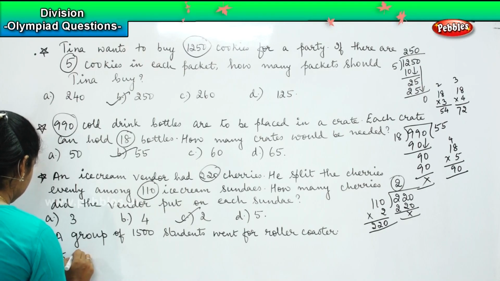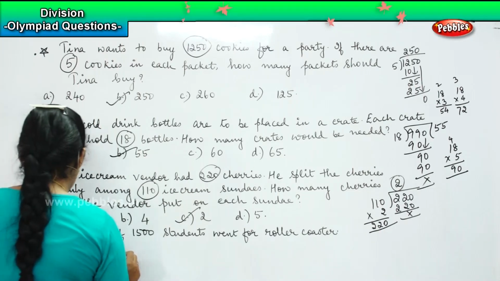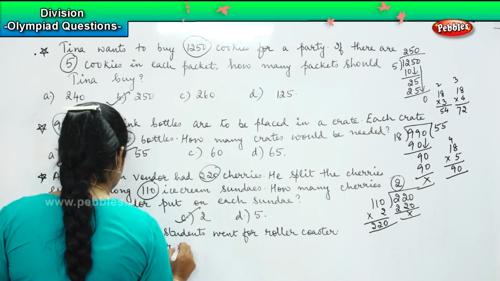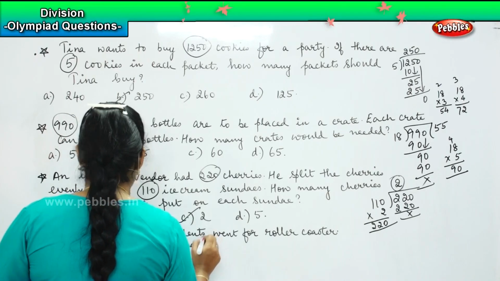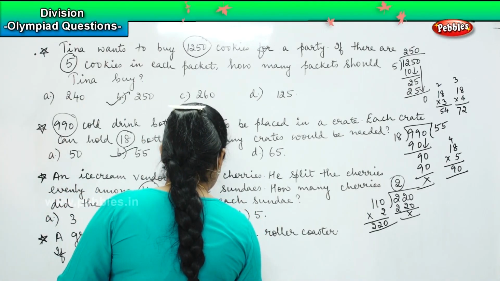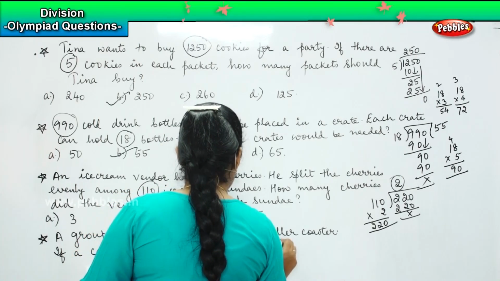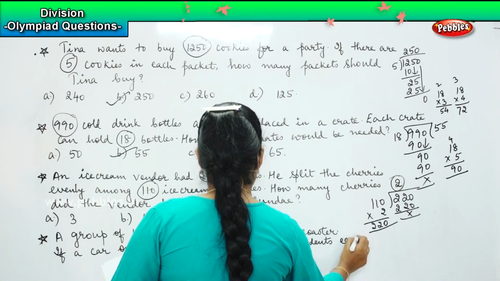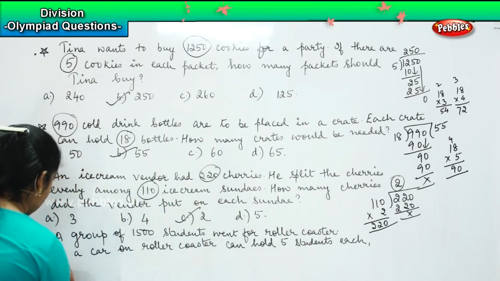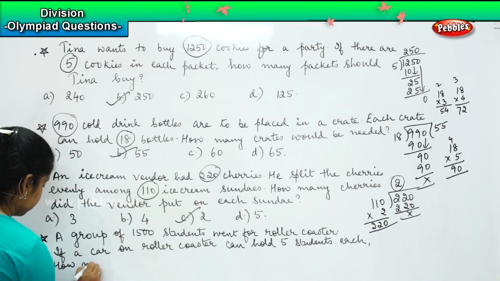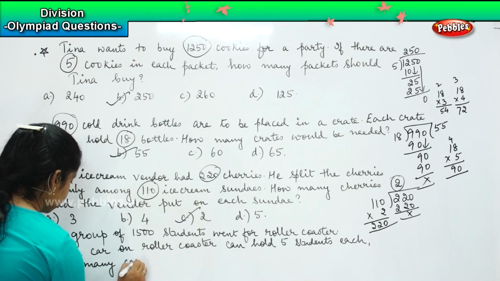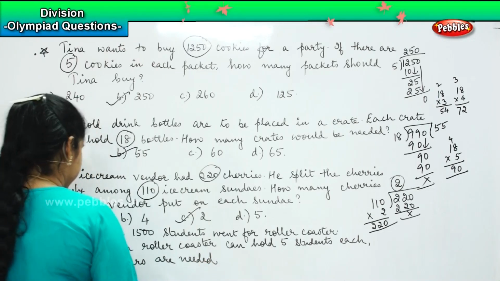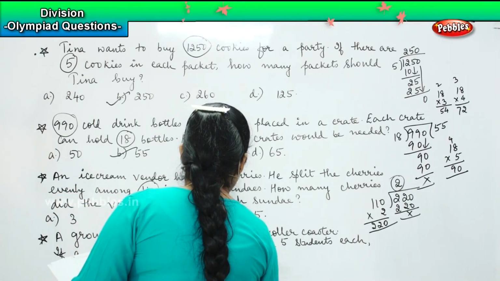If a car on the roller coaster can hold 5 students each, how many cars are needed to accommodate all?